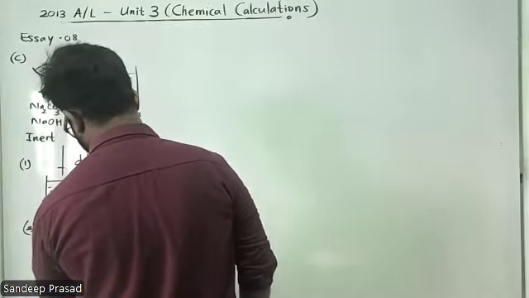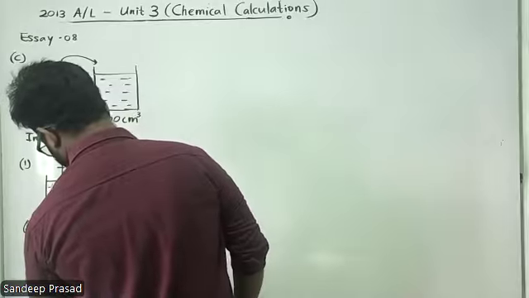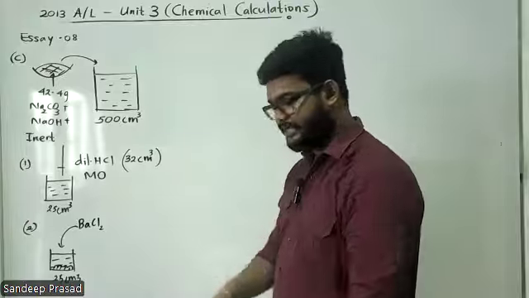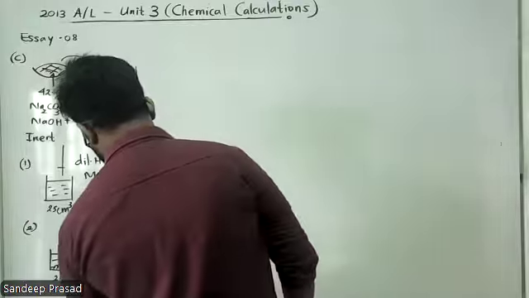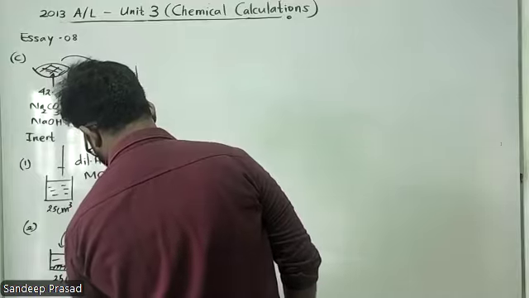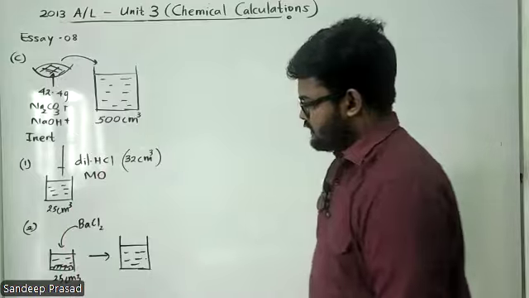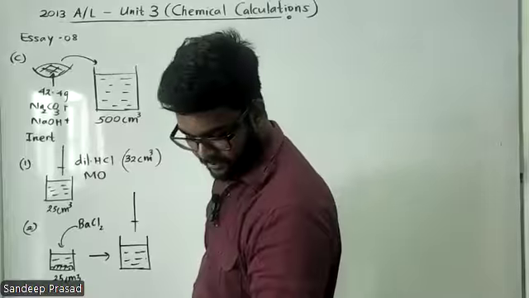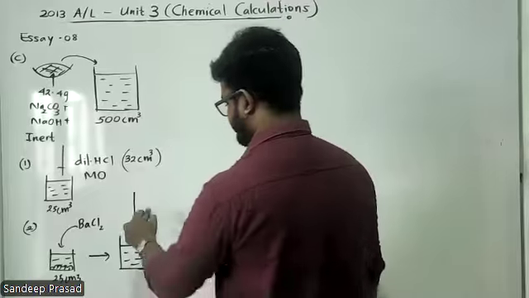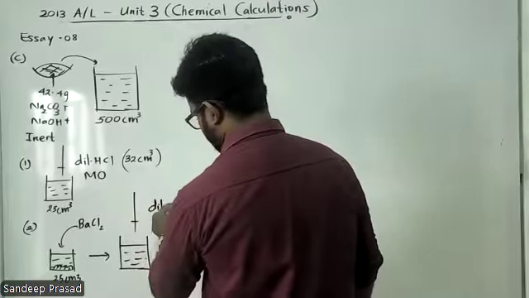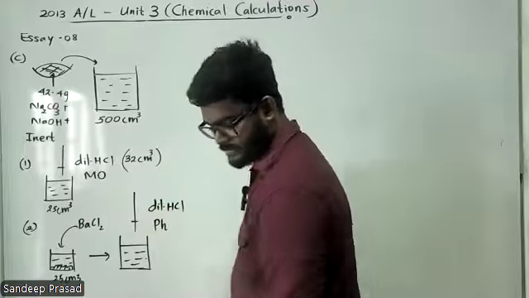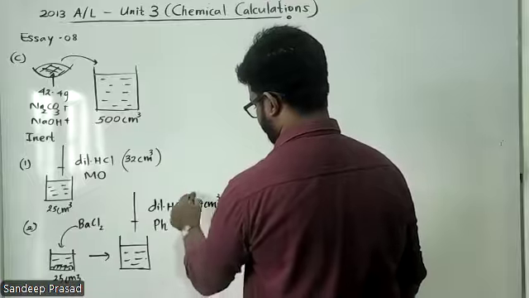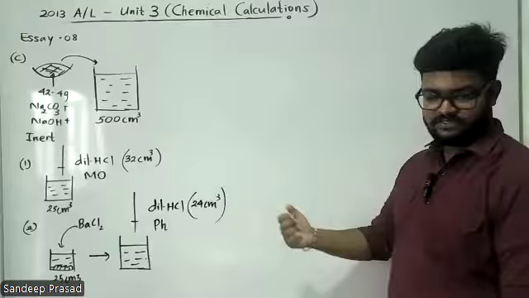Then barium carbonate precipitate is produced, and they have filtered that precipitate. The filtrate is again titrated with diluted HCl using phenolphthalein as the indicator. This time the volume consumed was 24 cubic centimeter. This is process number 2.